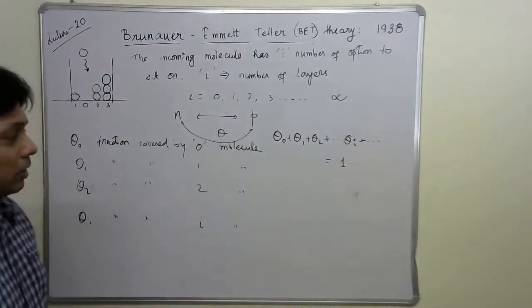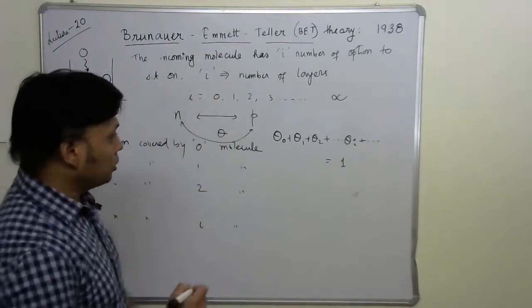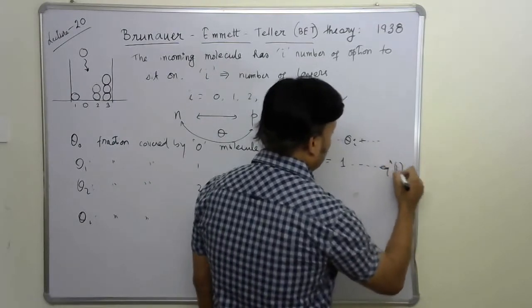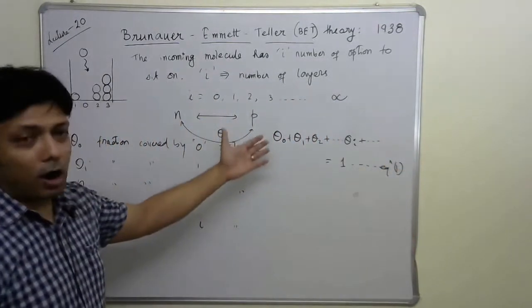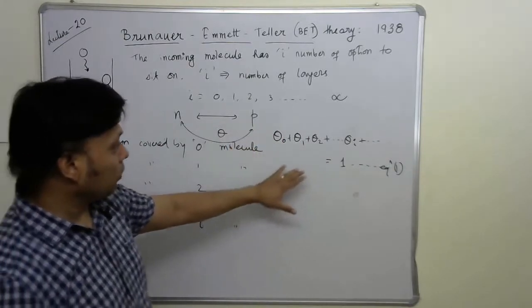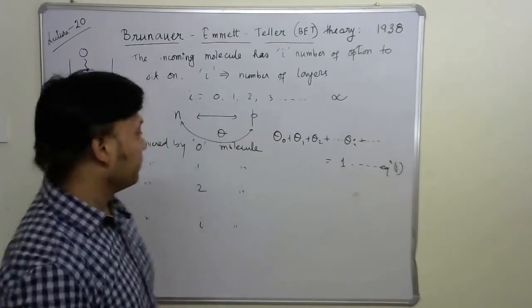This relationship we can call equation 1. You may understand that there would be several such equations, so in order to identify it, we call it equation 1.